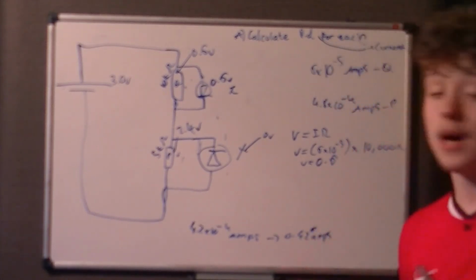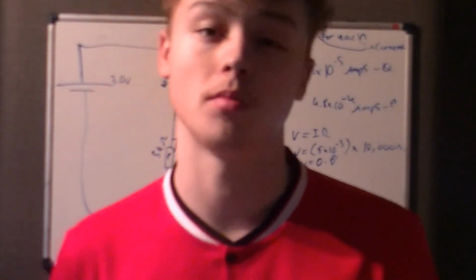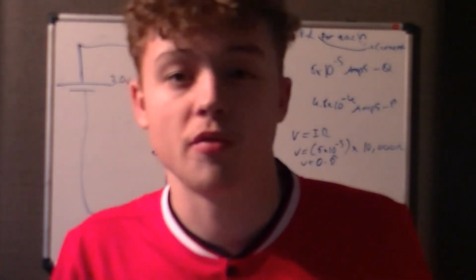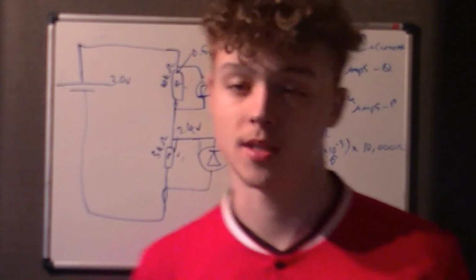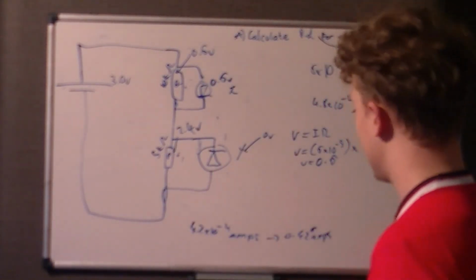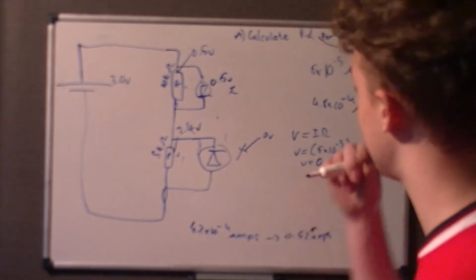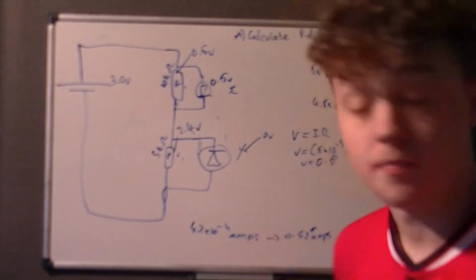Now, we already knew that because we put 0.6 volts, but I was just proving to you that we've got the right current. Otherwise, if we put in a different value for the current there, then we would have got something other than 0.6 volts, which we worked out from the parallel forward-facing diode.